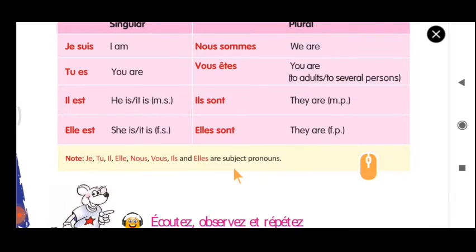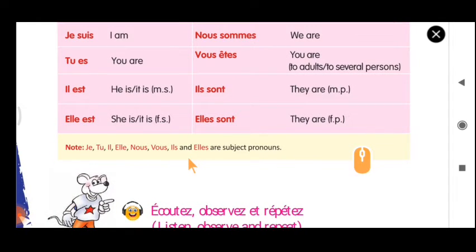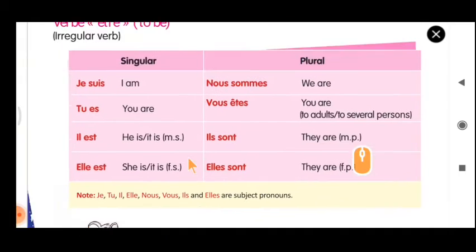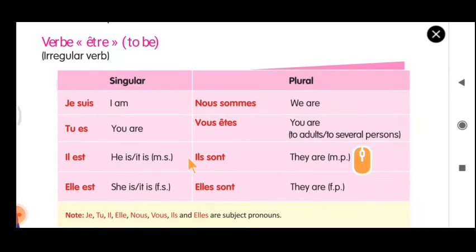Now if you see, they have given a note. Je, tu, il, elle, nous, vous, ils, elles are subject pronouns. So this is what we learnt already. As I said, we learnt only the subject in lesson 2. Now in this lesson we are learning the verb.